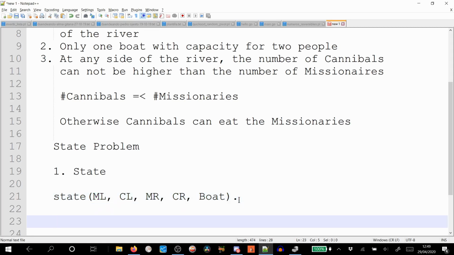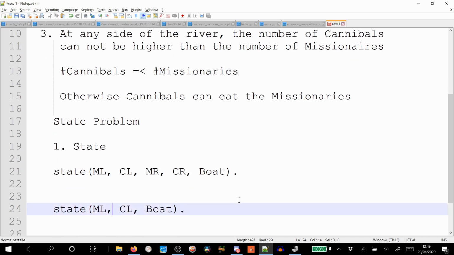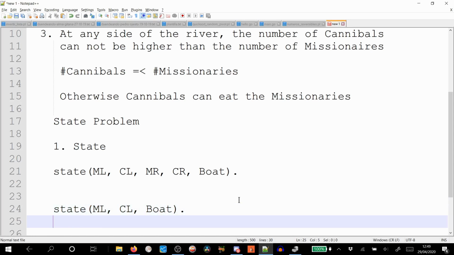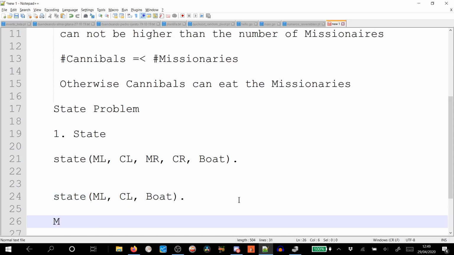Yes. You can make a simpler data state. For example, do you think it's possible to do something like missionaries in the left, cannibals in the left, and the boat? Do you think it will be possible to represent the problem with less data? Only with these three elements. How can we obtain the missionaries in the right?